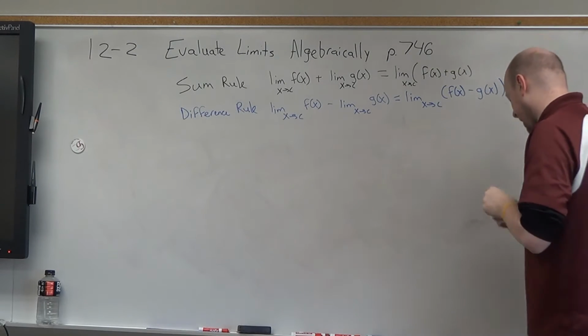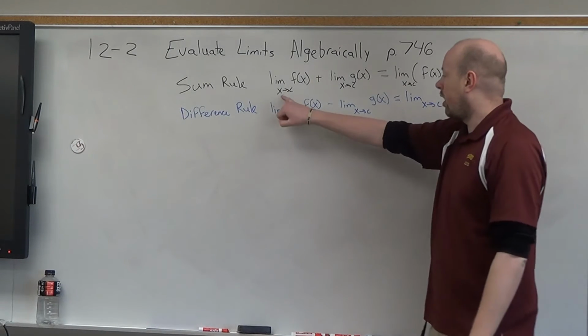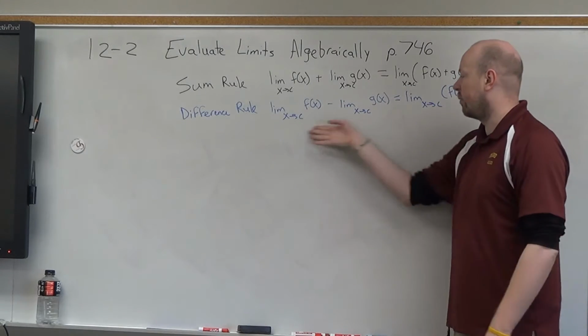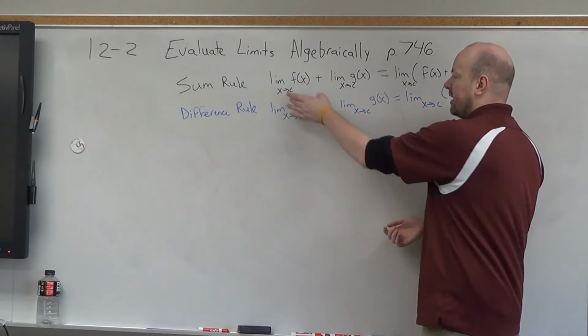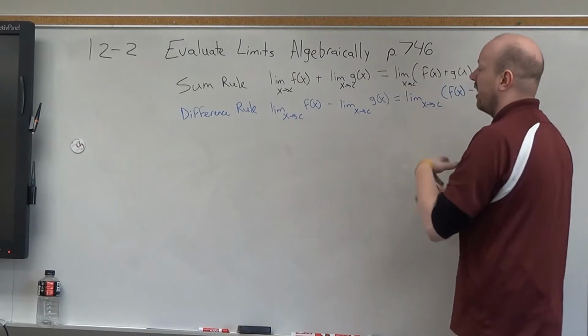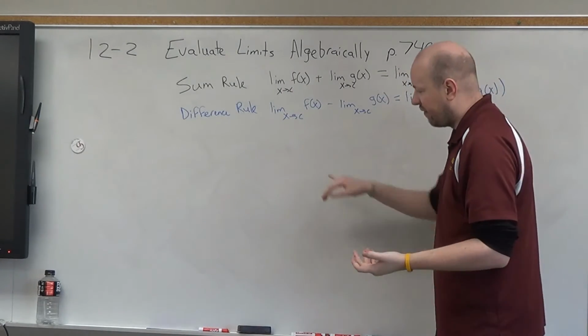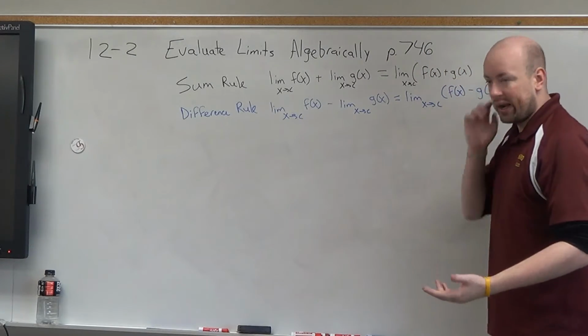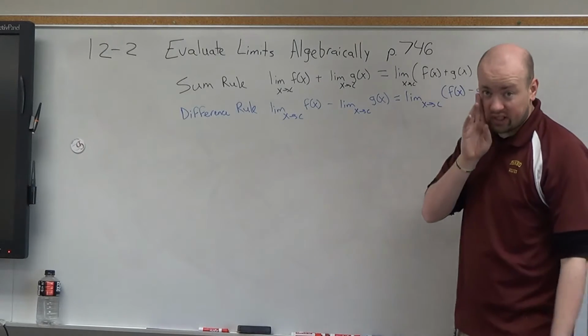Now you're going to see a pattern probably starting to establish. Our limits have to be the same thing every single place in one equation. So if I have x approaches c here, it has to equal there and there for the thing to hold. You cannot have as x approaches 0, as x approaches 1, and then as x approaches 2. It just doesn't work out that way.